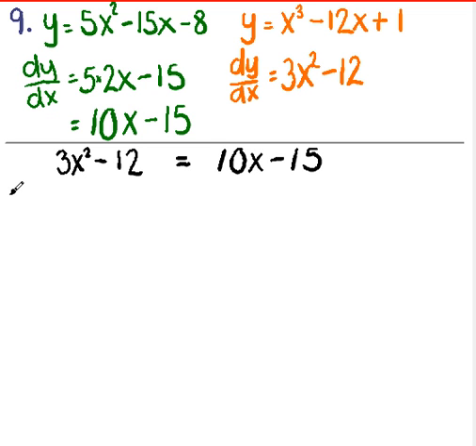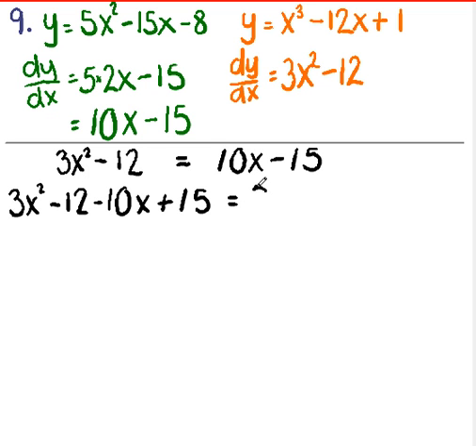So we have 3x squared already on this side. We have our minus 12 here. Then we have 10x, which will become minus 10x. And we have minus 15, which will become plus 15. And that leaves nothing on the right hand side, so that's equal to 0.